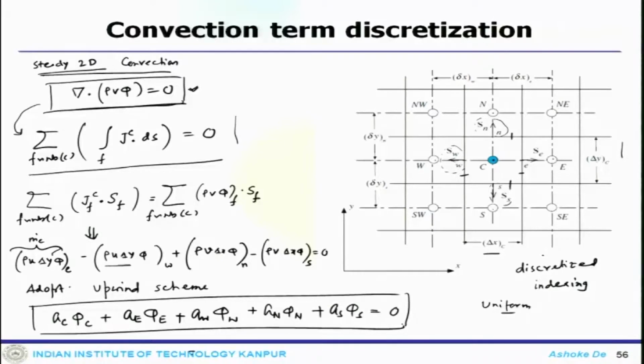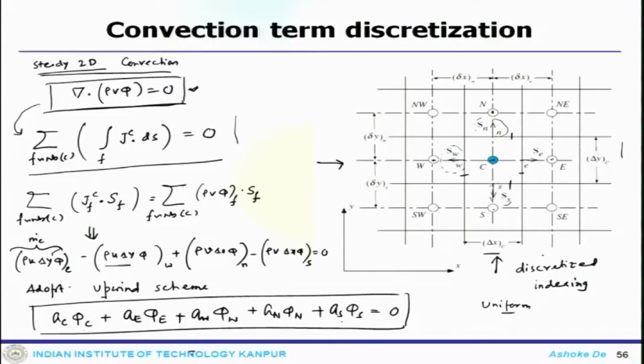Since we have used only the first order upwind scheme for each direction, in the x direction we just need this cell and this cell, which lead to these coefficients, and in the y direction we need this and this.